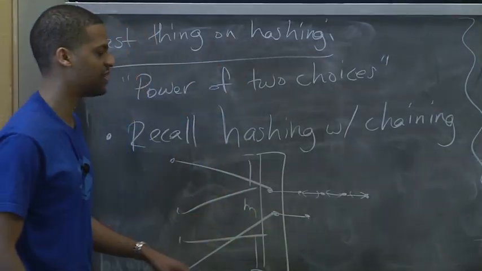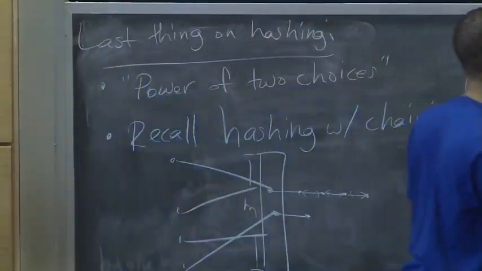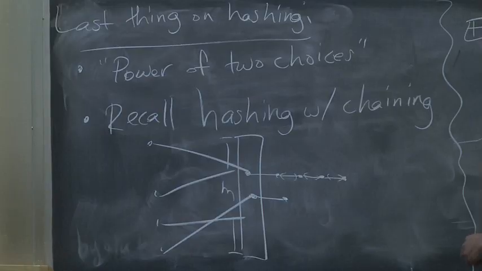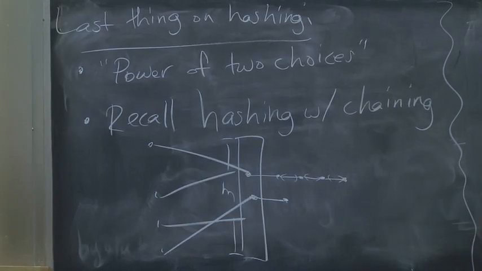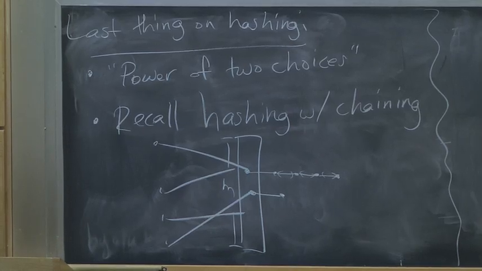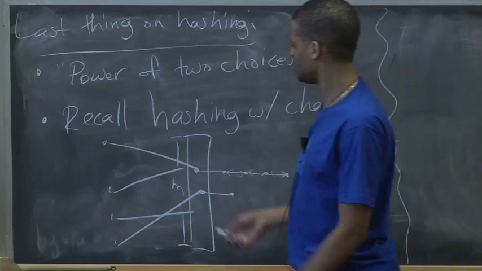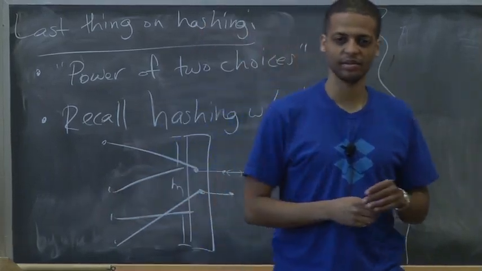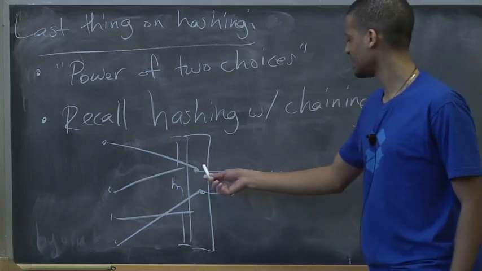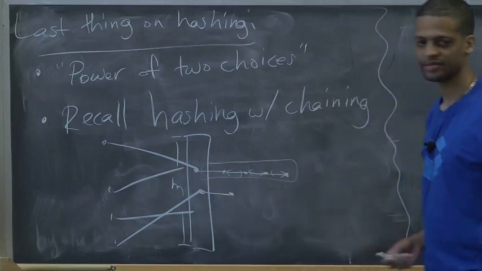Some might be empty, some might have multiple items. So just to make sure people remember things, if this hash function h is drawn totally at random, not k-wise independent or anything, but just a perfect random hash function, what's the length of the longest list?